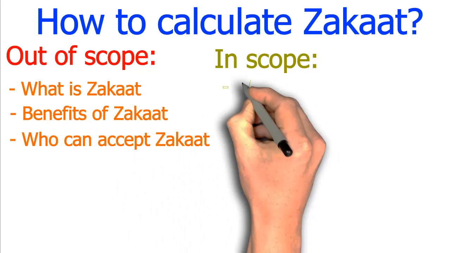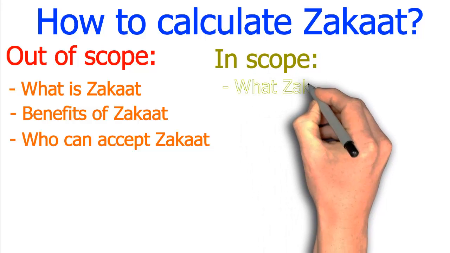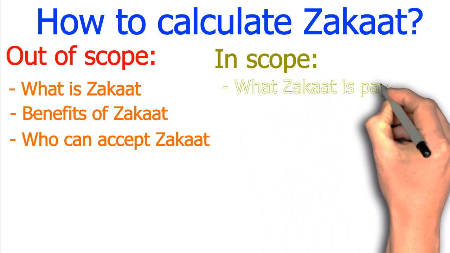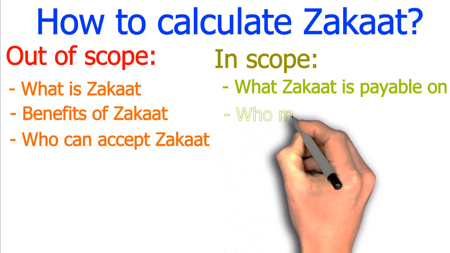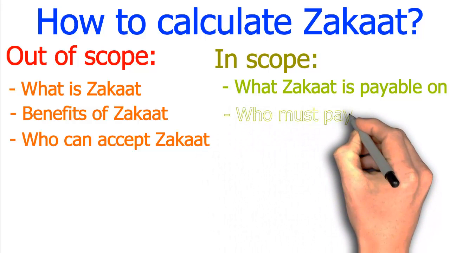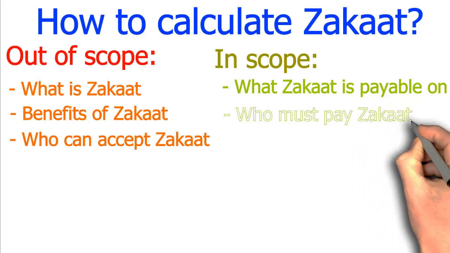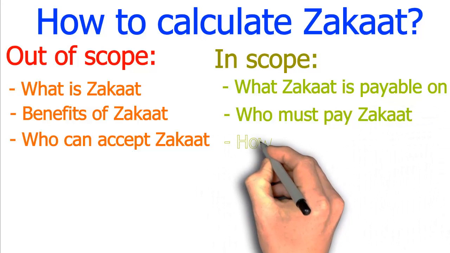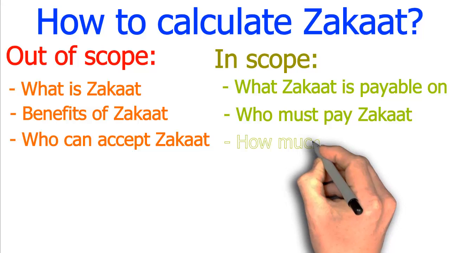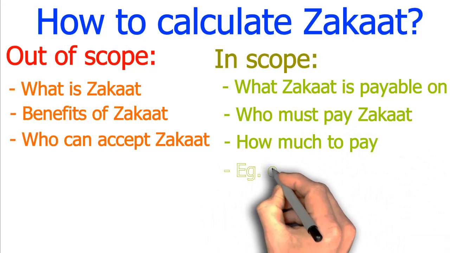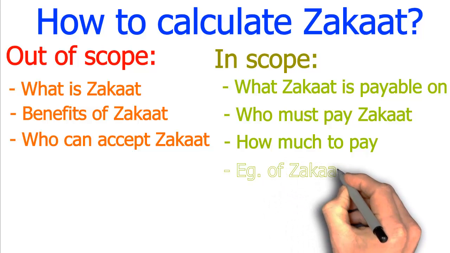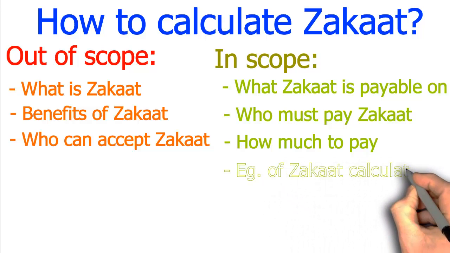But what is in scope for the video is what zakat is payable upon, and also who must pay zakat, in other words who's the sahib nisab, and then also how much zakat needs to be paid. And then after that I'll also do an example of a zakat calculation.